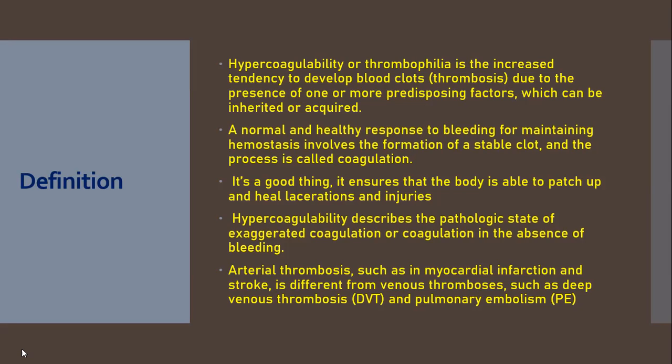And a normal and healthy response to bleeding for maintaining hemostasis involves the formation of a stable clot, and this process is usually called coagulation. And it is a good thing because it ensures the body can patch up and heal lacerations and injuries.